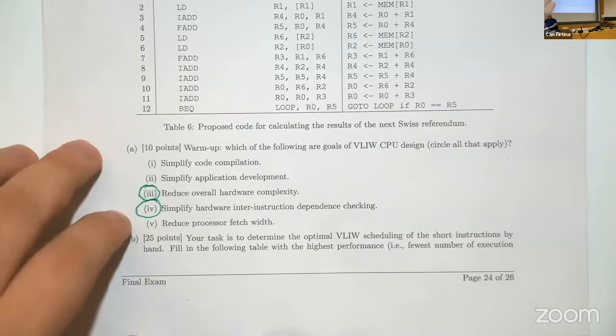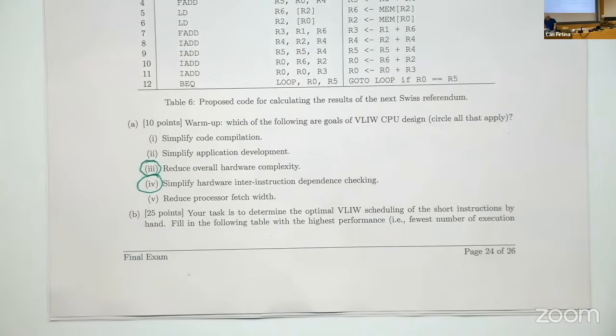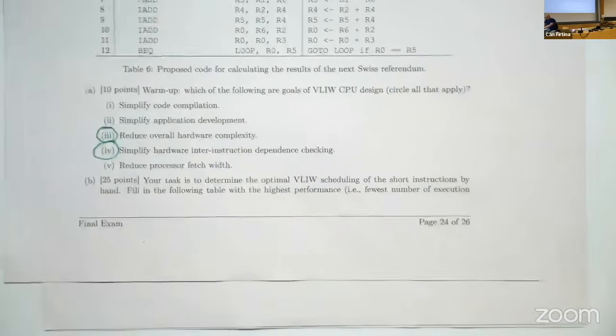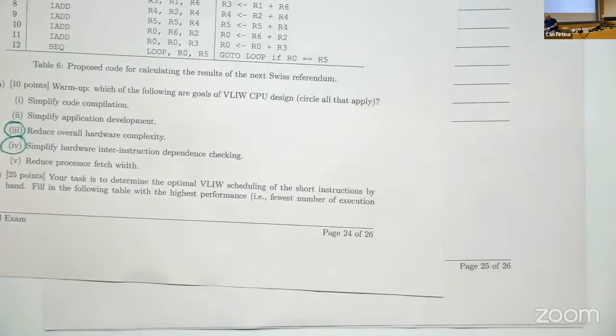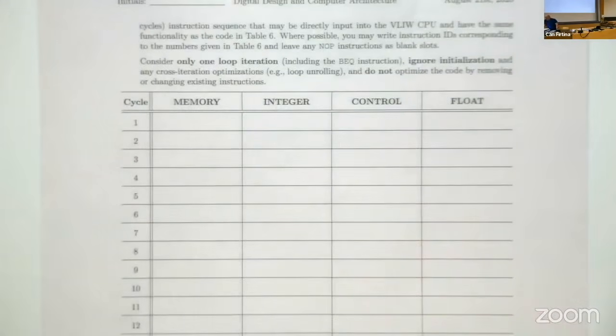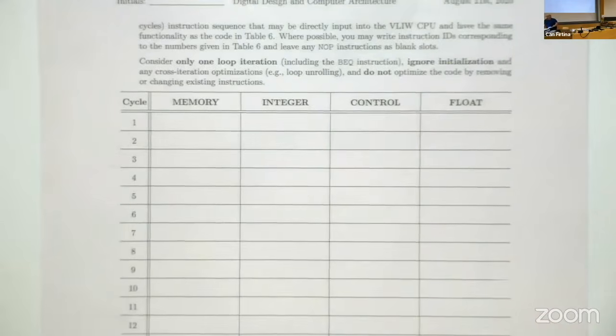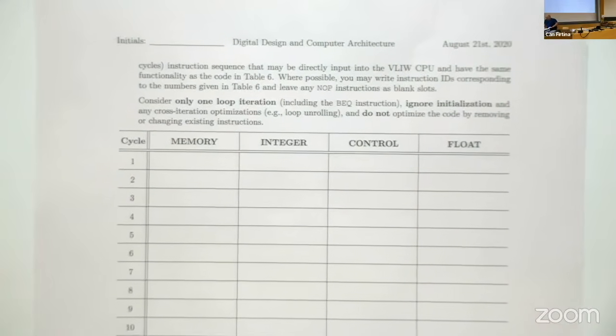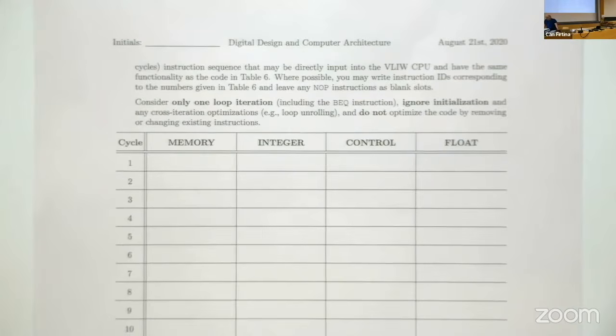Now we move on to part B. Now our task is to determine the optimal VLIW scheduling of the short instructions by hand. So we want to fill in this table that I briefly showed you before with the highest performance, that is the fewest number of instruction cycles, instruction sequence that may be directly input into the VLIW CPU and have the same functionality as the code in table 6.